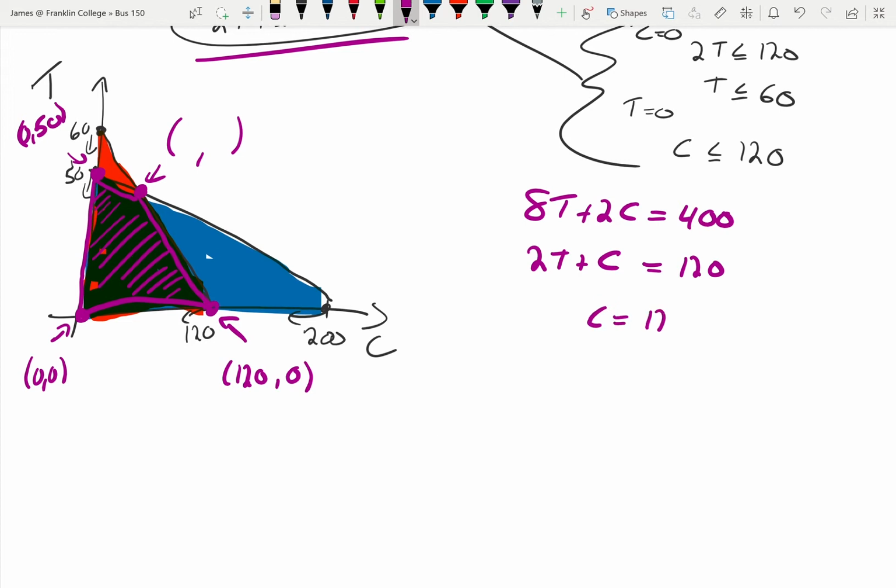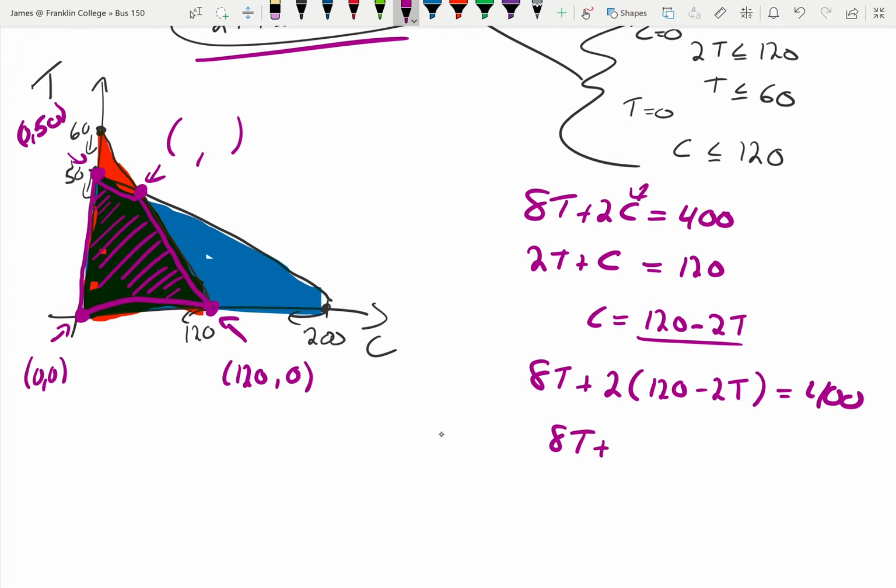Alright, so we know that c is going to equal 120 minus 2t, and we're going to plug that 120 minus 2t in for this c here. So we're going to have 8t plus 2 times 120 minus 2t equals 400, or otherwise 8t plus 240 minus 4t equals 400.